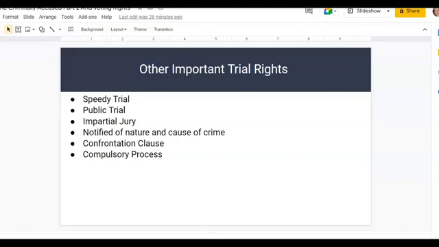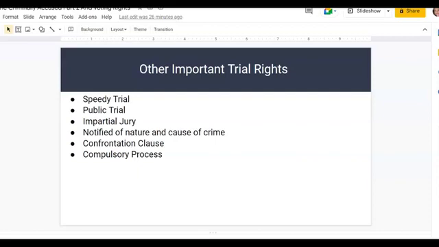Here, in most cases, there has to be an open door policy. Sometimes there are gag orders, and juvenile trials are not open to the public. But the reason why we have this rule is so there's transparency and that things can be fair and not secretive. You're supposed to have an impartial jury.